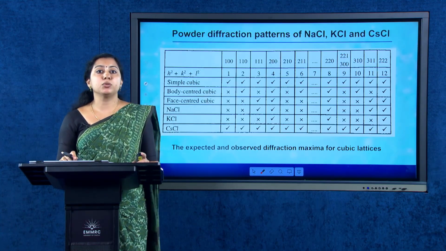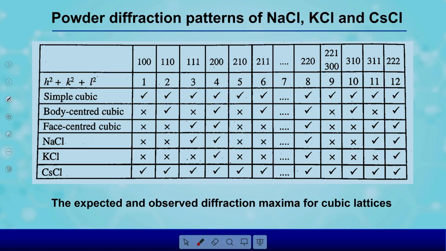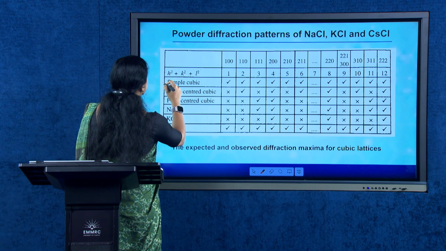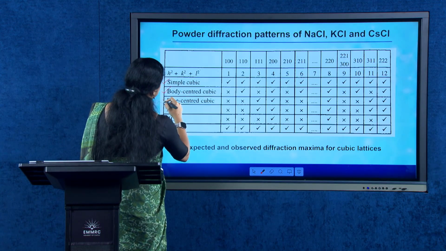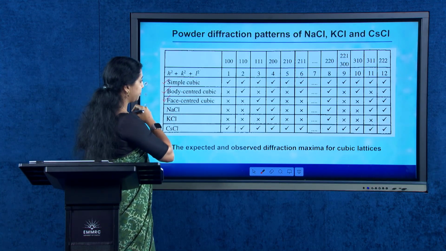So, this table shows the powder diffraction patterns of NaCl, KCl and caesium chloride, CsCl. Okay. So, the first three show simple cubic, body centered and face centered cubic lattices.